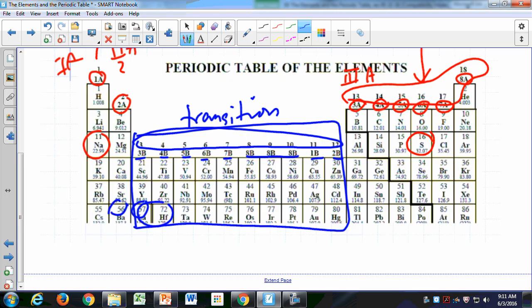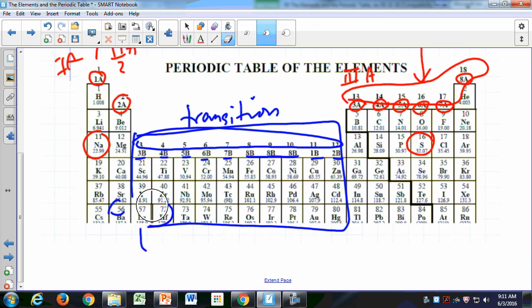What's actually happened there is that lanthanum is the beginning of a series and the rest of that series has been pulled out of that table to make it shorter. So the 58 through 71, which follows lanthanum, number 57, and then 72, actually is right here in between the two.